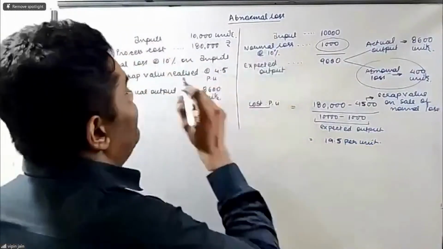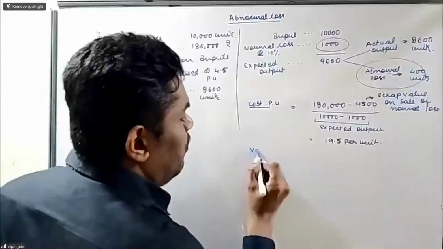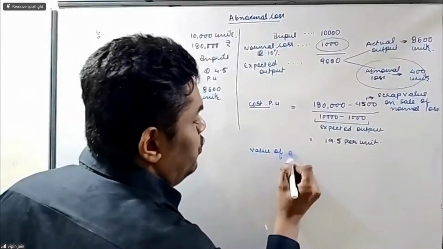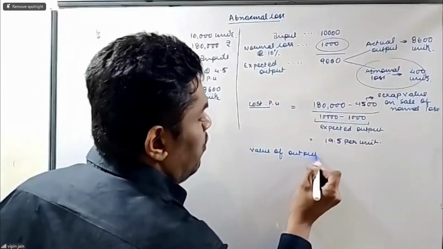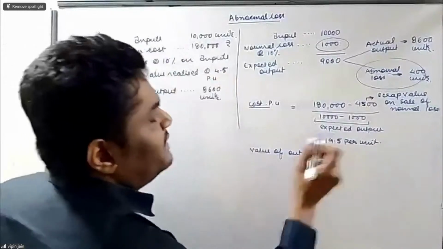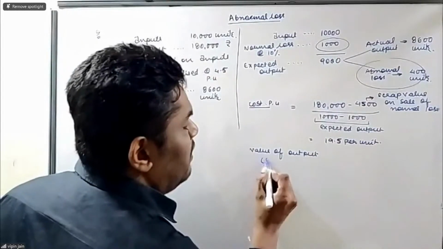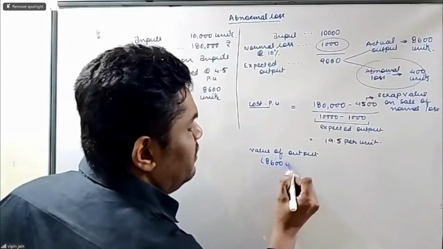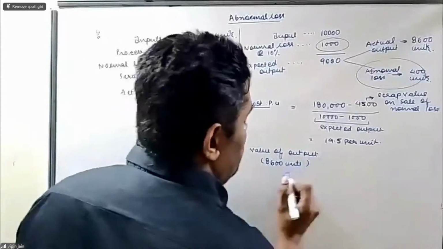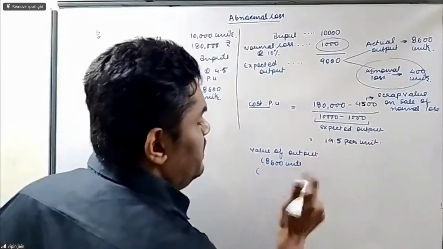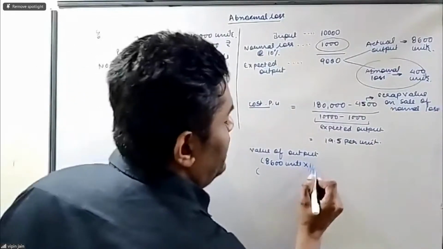Now, when talking about the value of output, how many units are transferred to the next process? 8,600 units. So 8,600 units into 19.5.